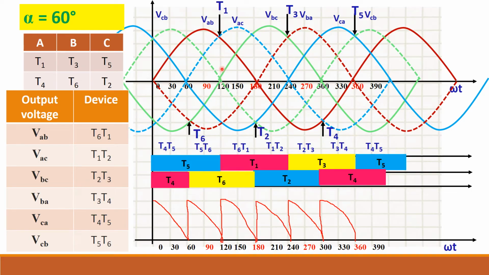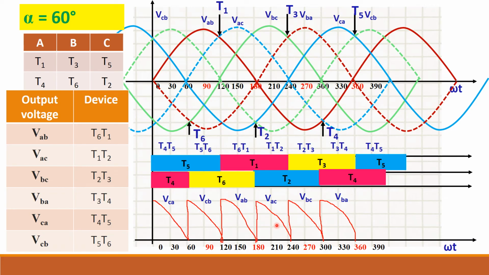So for this period, VAB is here. Let me follow from 120 degree. You start from here like this and follow the waveform till 180 degree. For next period, what is the output? VAC. So VAC waveform you follow from 180 to 240 degrees, following this pattern till 240.